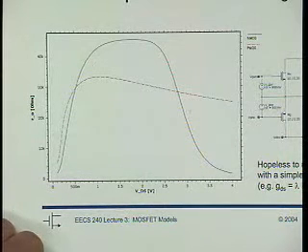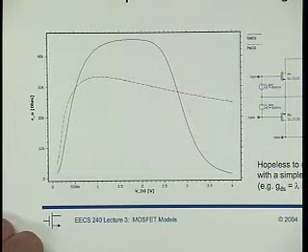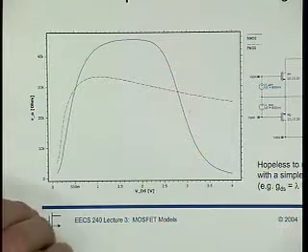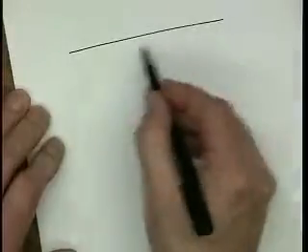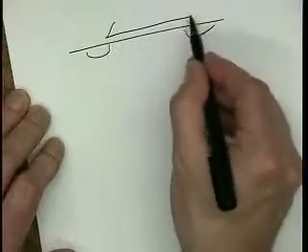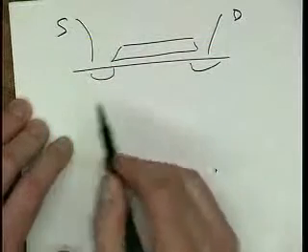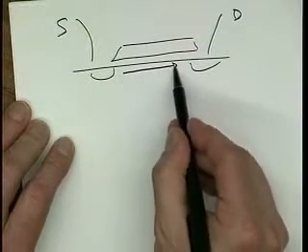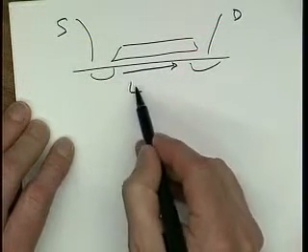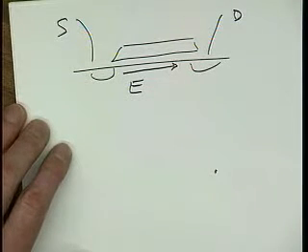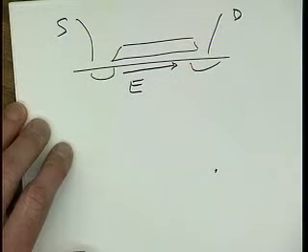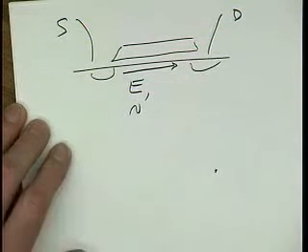Anybody has an idea why it rolls off? Impact ionization. Okay, so what's happening is that here we have the drain, here we have the source. As we crank up VDS, the electrical field here gets larger and larger, and the velocity of the carriers also gets larger and larger.